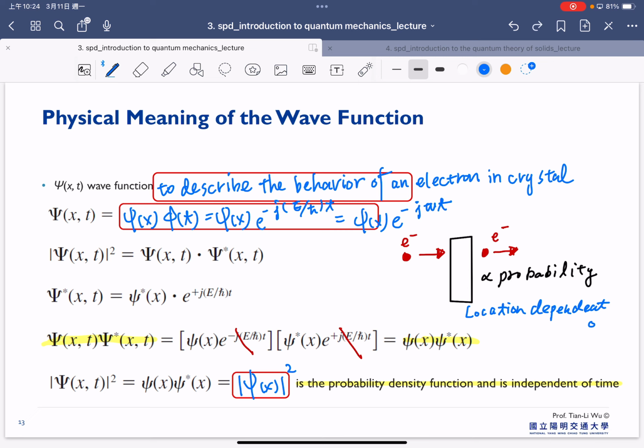That's how this equation is trying to tell us.